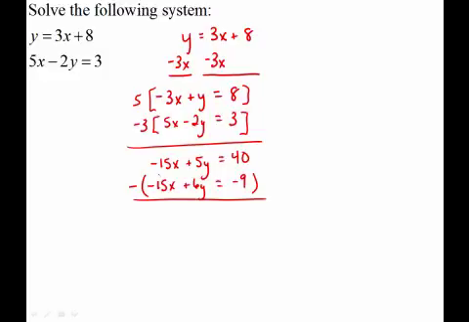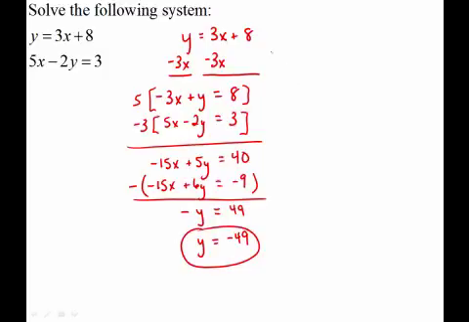That's fine. Just make sure at this step you remember to distribute the signs correctly. But anyway, so I've got 5 minus 6, so -1, or -y, equals 40 minus -9, and that would be 49. So then y equals -49.